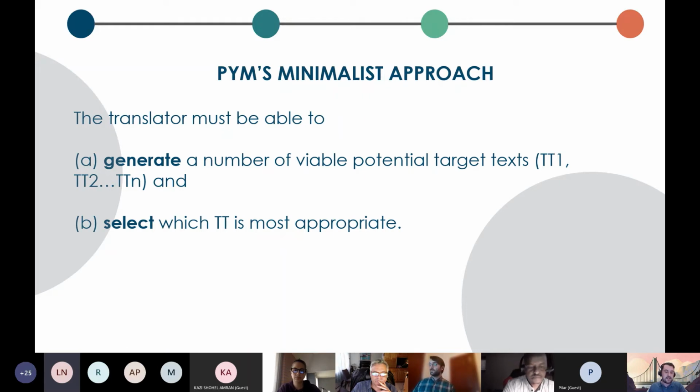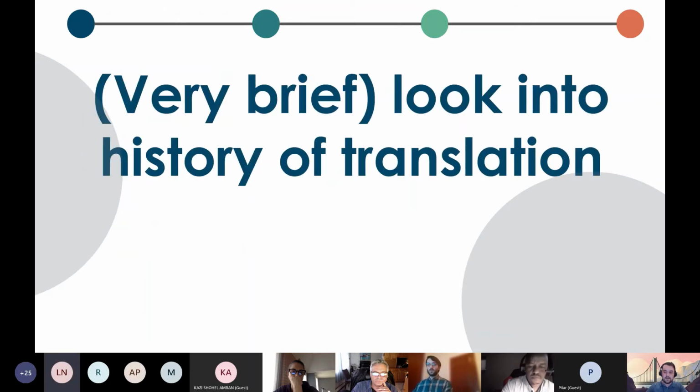This is where target language competence comes in. This is where we know the different levels, we know the registers of the target language that we're translating into, and we can select the most appropriate register, the most appropriate terminology for the text. That is Pym's minimalist approach.